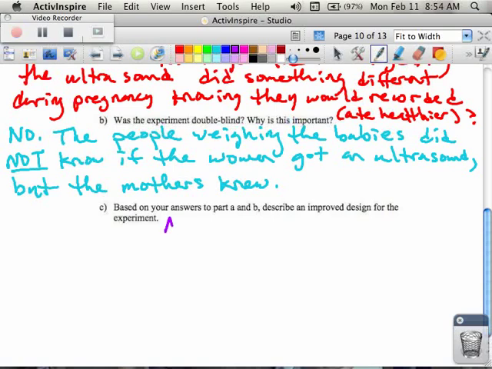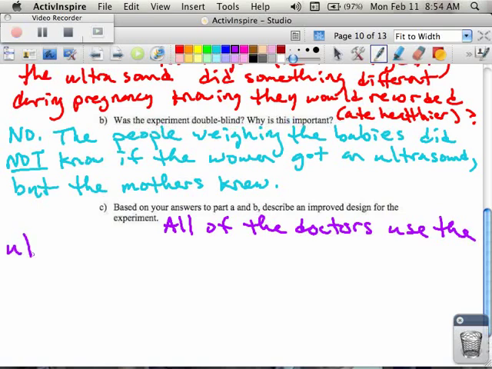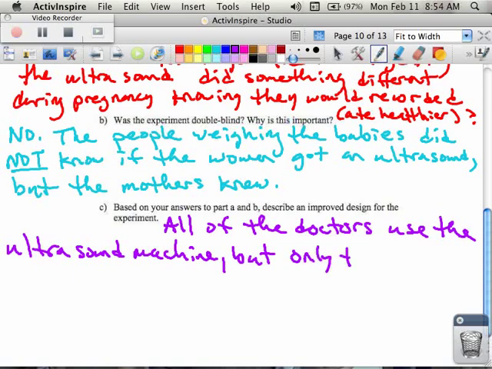I would say that all the doctors use the ultrasound machine but only turn it on for half of the mothers.